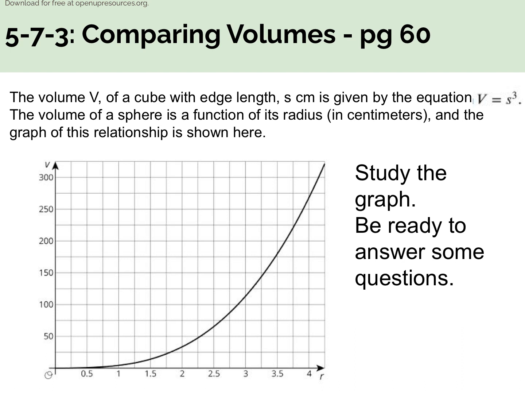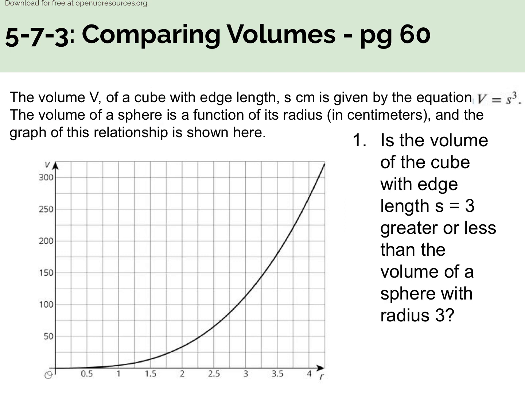So we're looking at 2 different things. The equation V equals S cubed is the volume of a cube. I'm going to highlight that. Cube is the equation. Sphere is the graph. Those are the 2 things that we are comparing at this time.